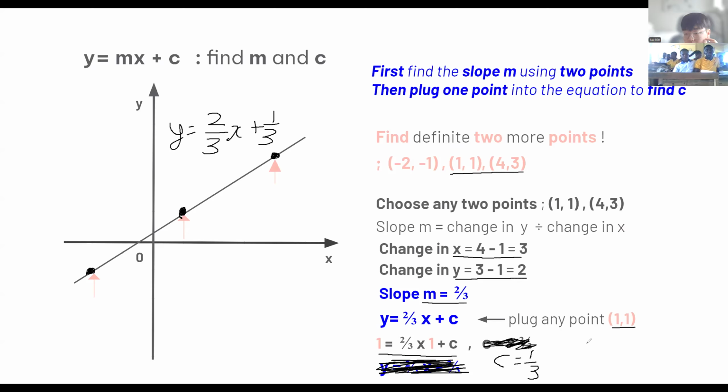On the last step, I just simply plugged in this point here, 1 comma 1. And then we got c to be equal to 1 over 3. So the final equation, y is equal to 2 over 3x plus 1 over 3.